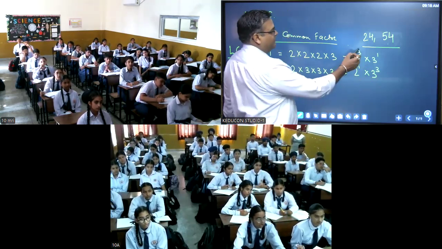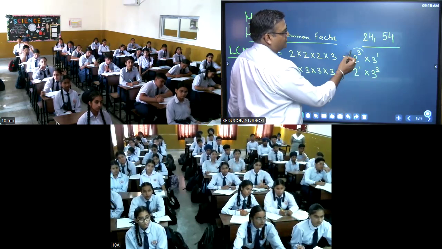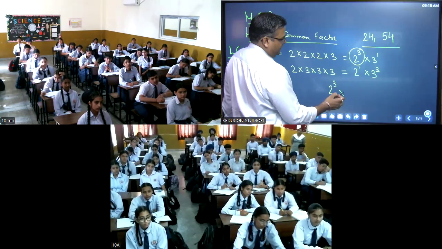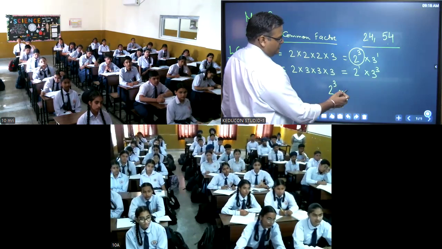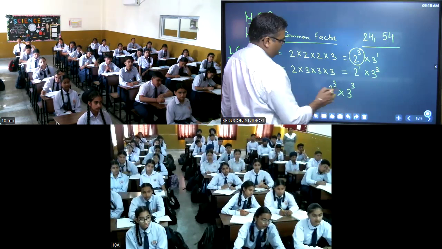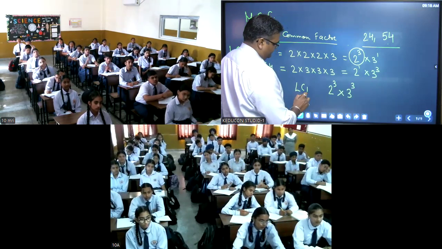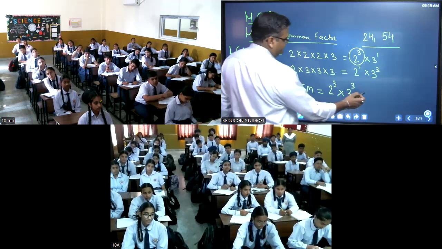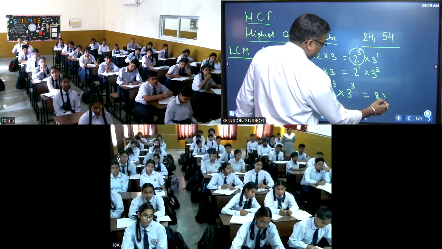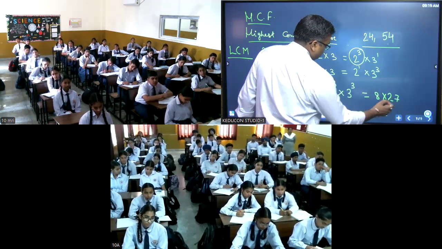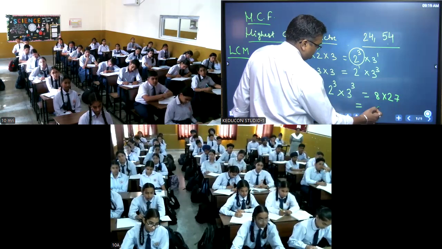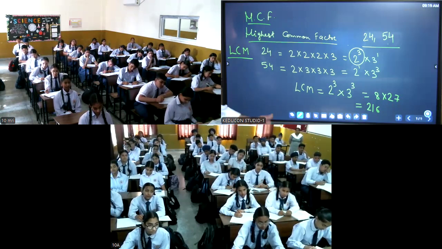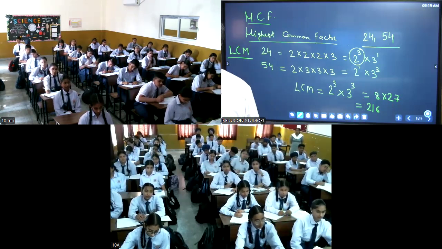What is the highest power here of 2? 3. And what is the highest power of 3? 3. So this will be the LCM. What does it become? This will be the least common multiple.